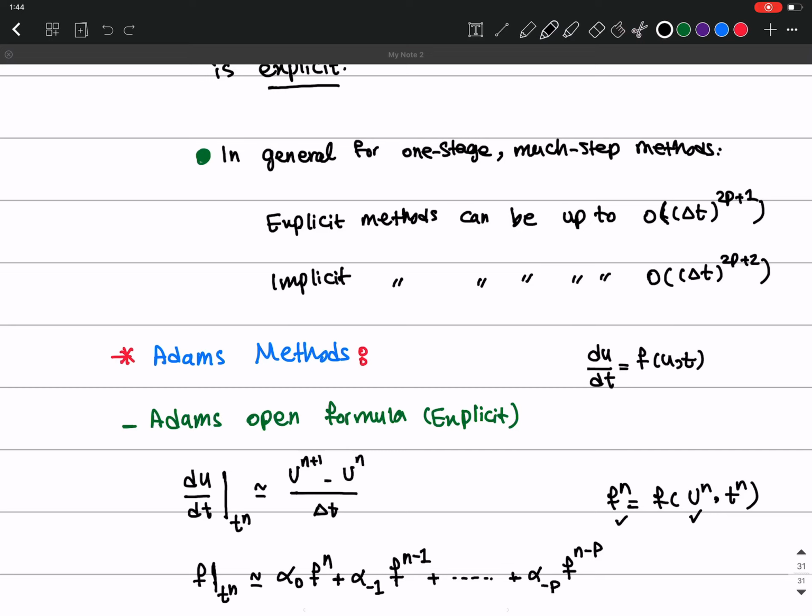So I'm going to write it down here. We can choose it somehow to give us that approximation.